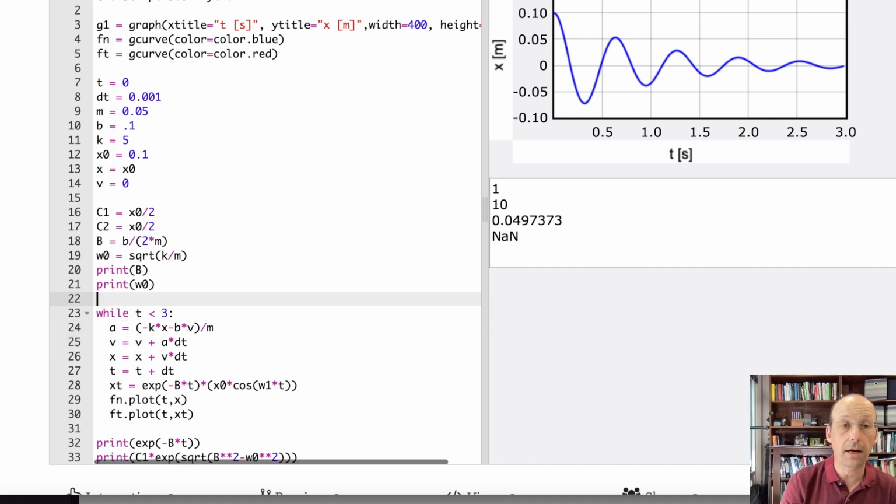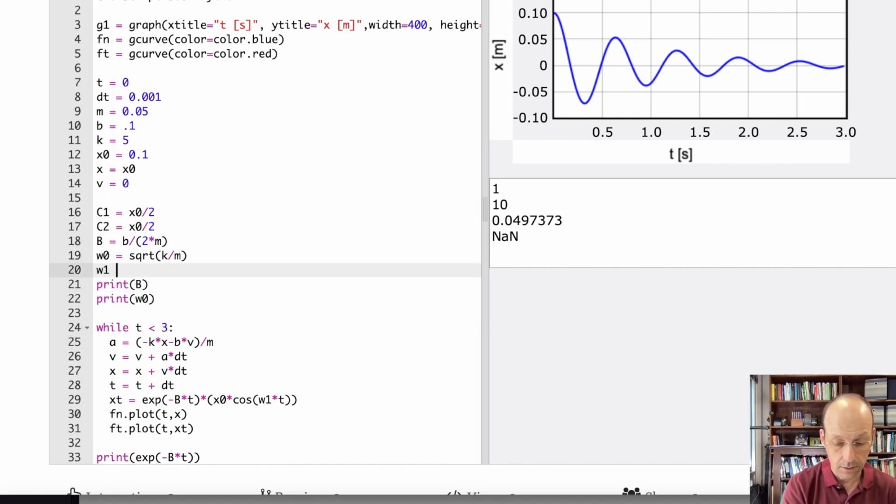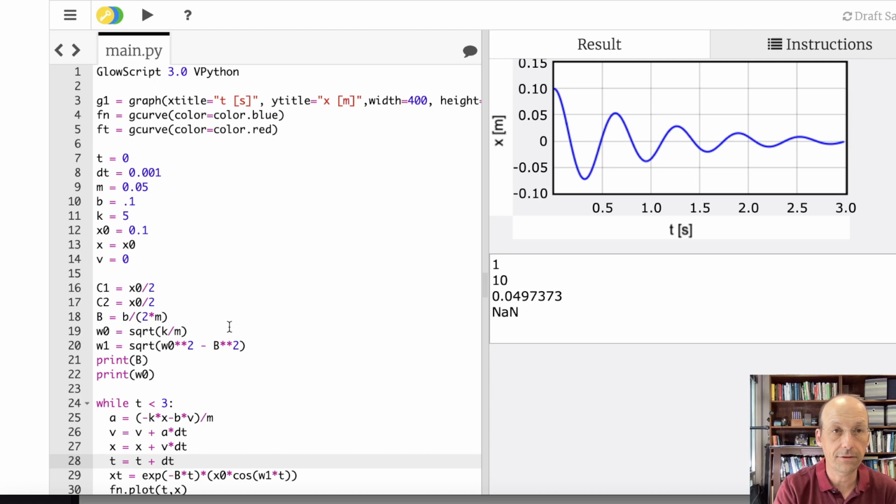And so now up here, I need to say omega 1 is going to be equal to the square root of omega 0 squared minus beta squared. Okay, I think that should work. I don't need to print that stuff, but I'm too lazy to get rid of it.